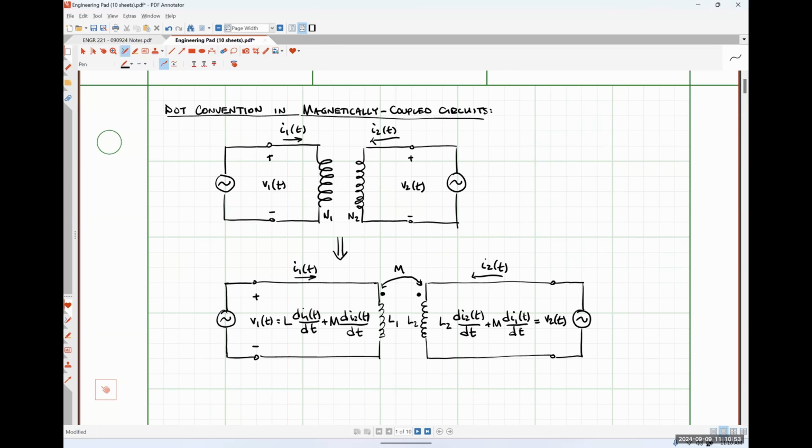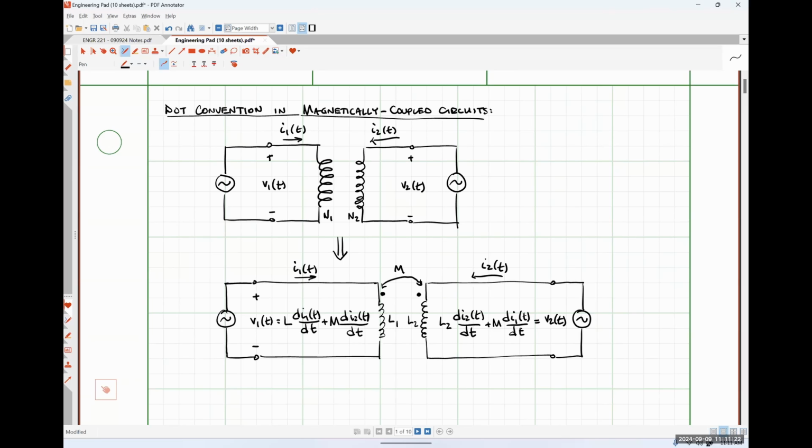And now we're going to talk about the relationship between where our dots are located, the positive polarity terminals of our respective voltages, and the direction of our current flow, and how those things affect the sign on both the self-induced and mutually induced portions of both of our voltage expressions.